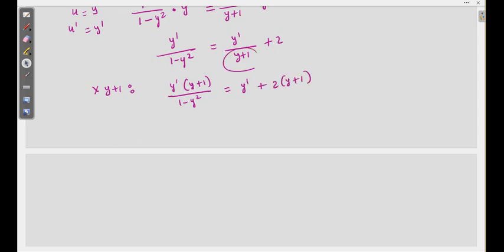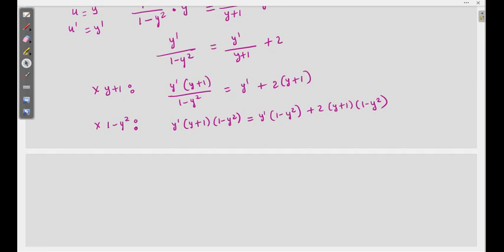So it's just dividing by this denominator. Then we still have a denominator, so we do the same thing and multiply by 1 minus y squared. When I see a denominator, I multiply throughout. So we have y plus 1, 1 minus y squared is equal to y prime into 1 minus y squared, and then plus 2 into y plus 1, 1 minus y squared.